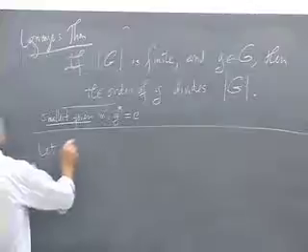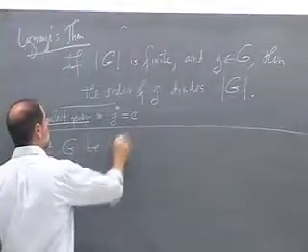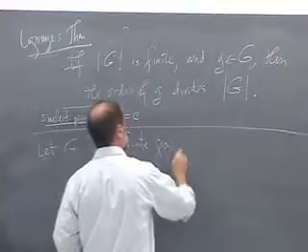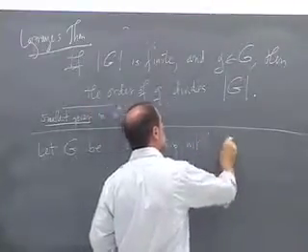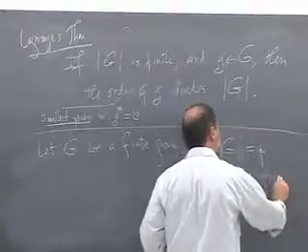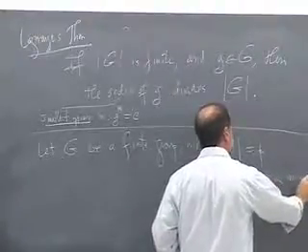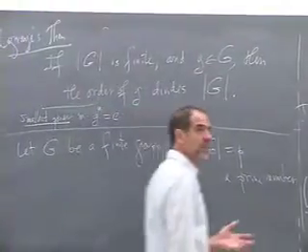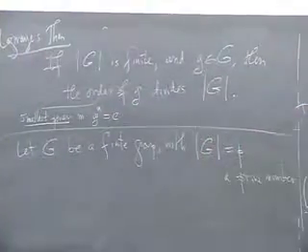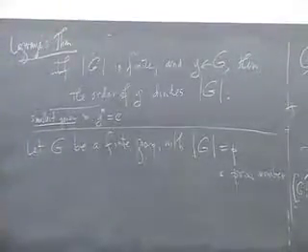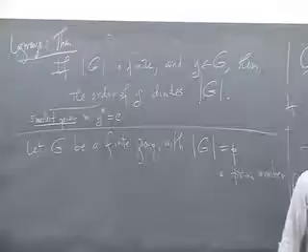Let G be a finite group with the order of G equal to P, a prime number. So this is the beginning of the interaction of group theory with number theory. The fact of the orders of groups being certain numbers is going to give us all kinds of information about the group structure itself.